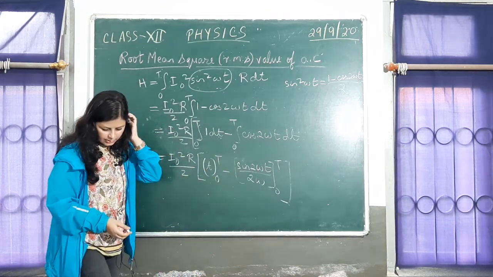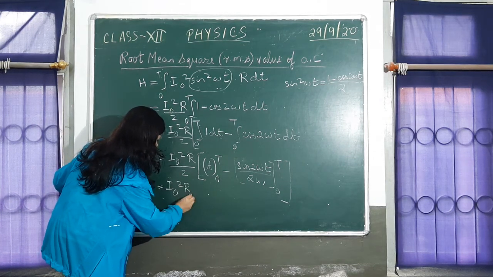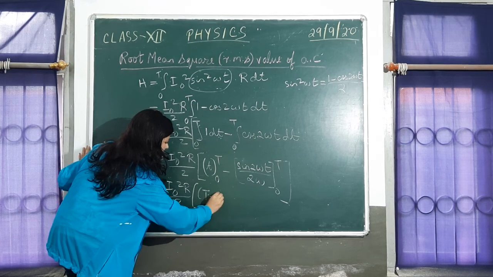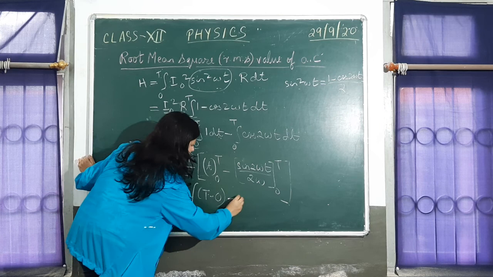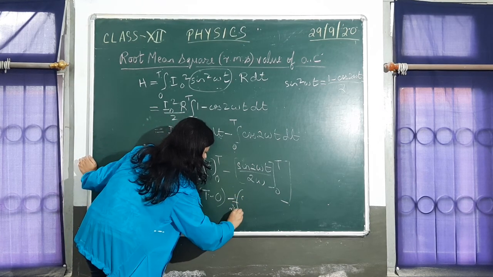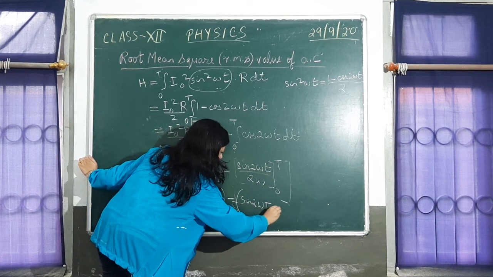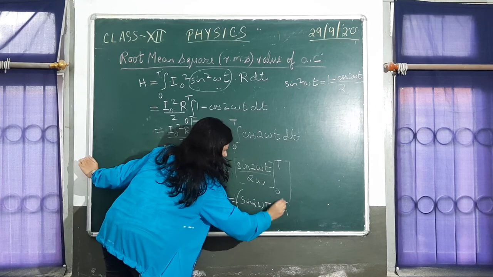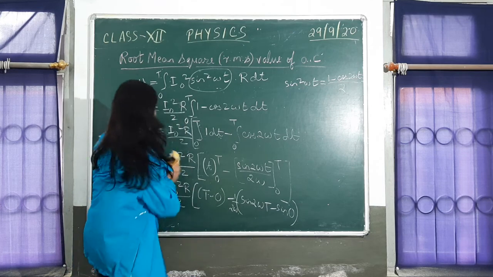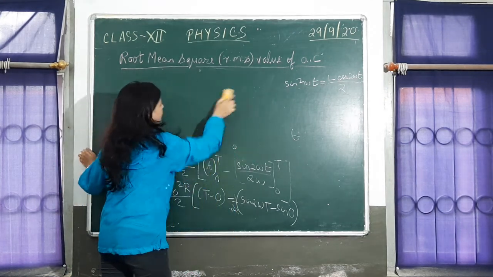Next we are going to put the limits of integration, that is 0 to T, that is T minus 0 here, minus 1 by 2 omega can come out, sine 2 omega capital T minus sine 0. Now in the next step we will just simplify.